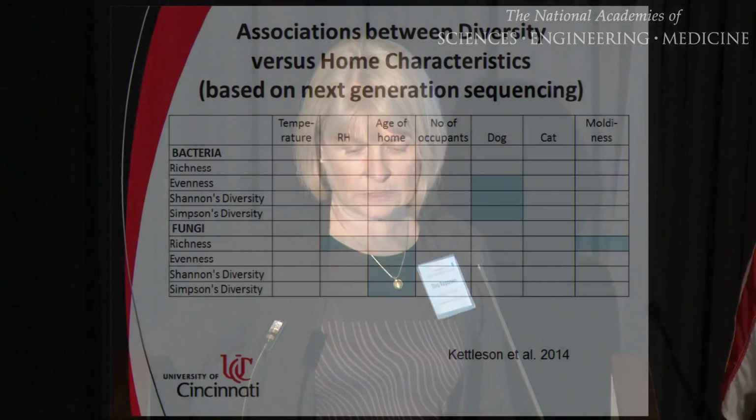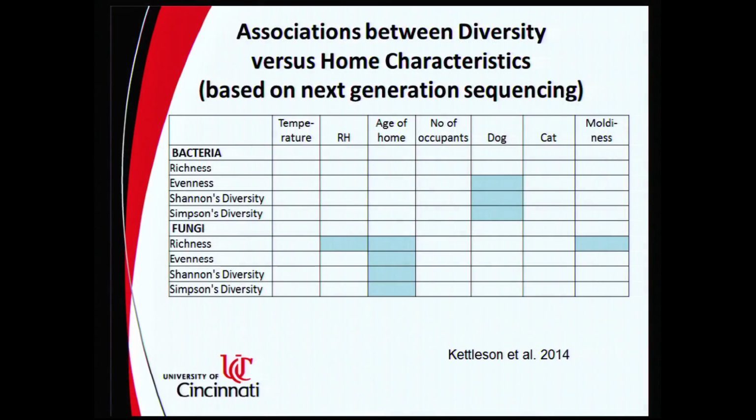So these were cultivation-based, and then this one is a very simple summary of later studies in Cincinnati when we used next generation sequencing and looked at how the diversity of bacteria and fungi is affected by different kinds of home characteristics. And here you can see that for this set of studies, the dog affected the bacterial diversity, and for fungi, diversity was affected by relative humidity, age of the home, and then moldiness of the home.